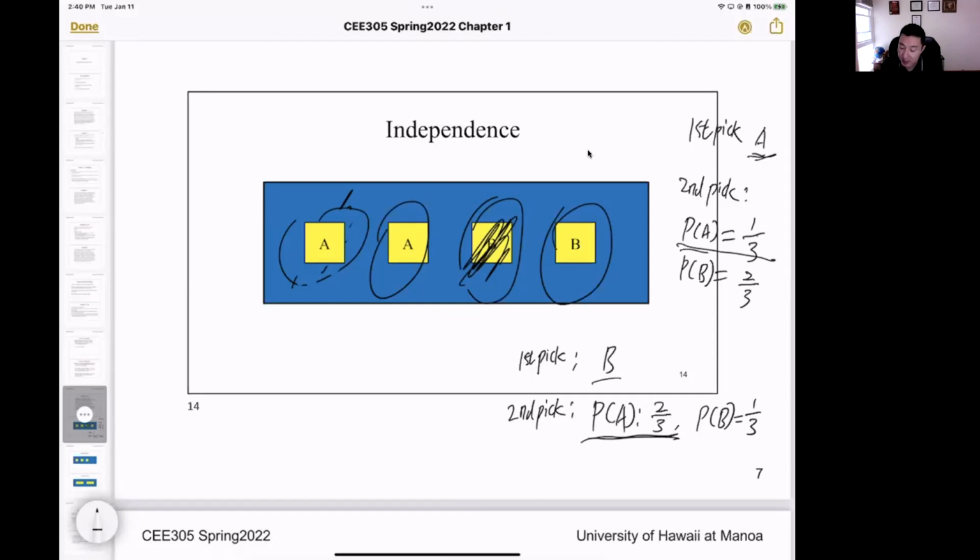If the first pick we get a B, the probability we get A on the second pick is 2/3. So they are not independent of each other. And that is because the whole population is only 4 and the sample is 1. So the sample size relative to the whole population is much larger than 5%.